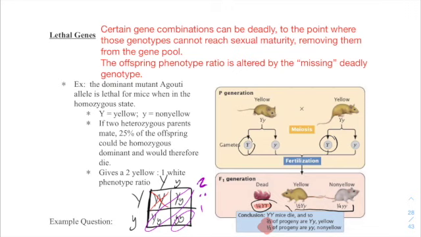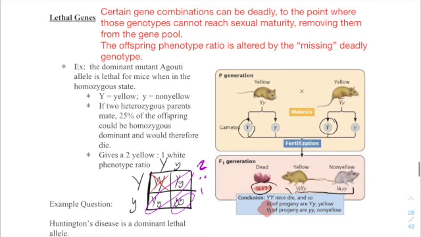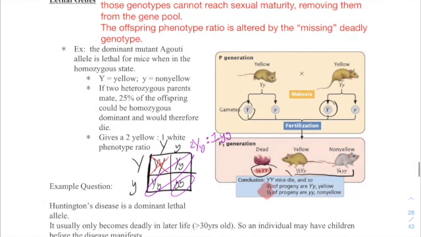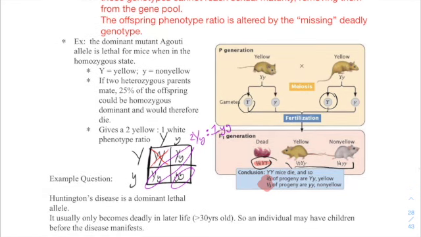Now, there are a couple of interesting human examples that we can pull. Some of them don't even really apply anymore because medical science has gotten so good. For example, for a long time you'll still find a lot of references to sickle cell anemia as being a lethal gene.